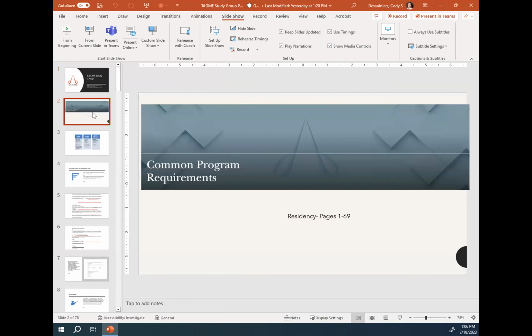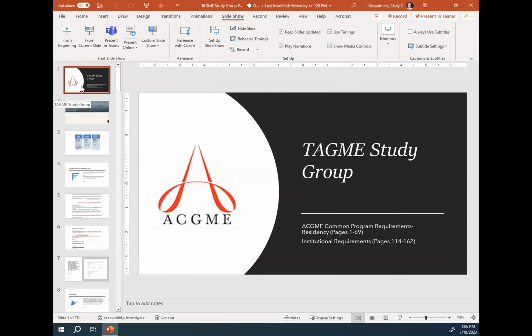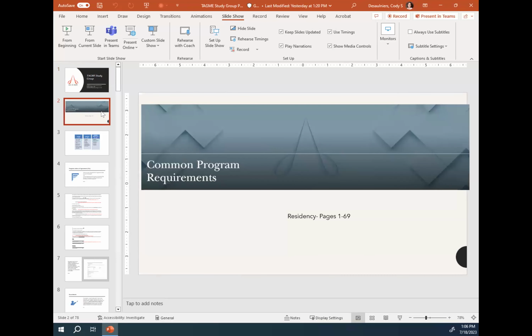Anywho, we're going to go over common program requirements of residency and then institutional requirements. Like I said earlier, Denise shared these slides with me, so if you've been on these previous study sessions, these might be familiar. We'll be pulling from pages 1 through 69 of the program requirements.